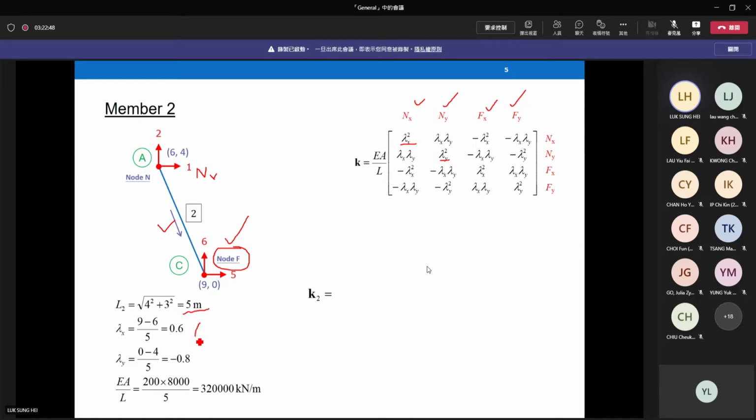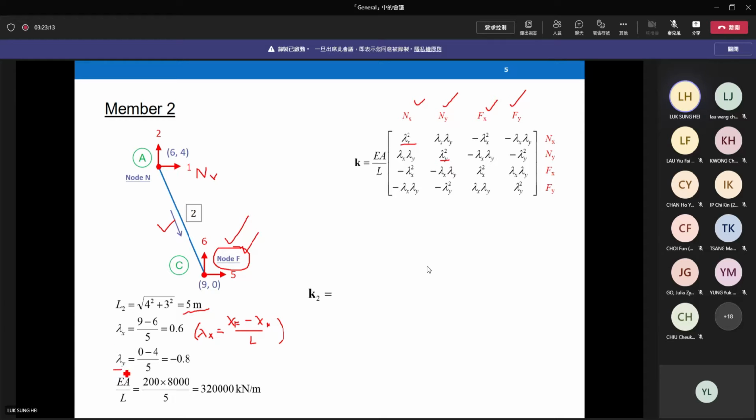Remember that we use the coordinate at node F minus the coordinate at node N, over L. F is the bottom node, N is the upper node. So 9 minus 6 over 5 equals 0.6.